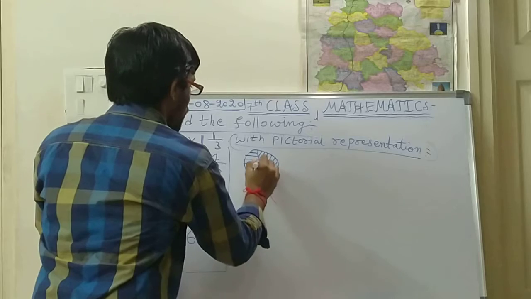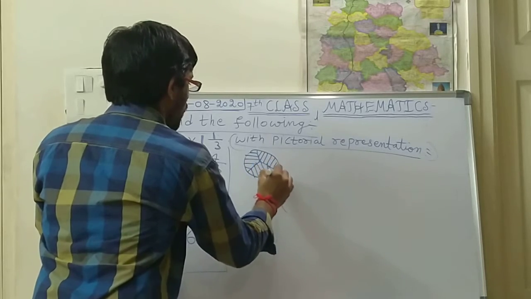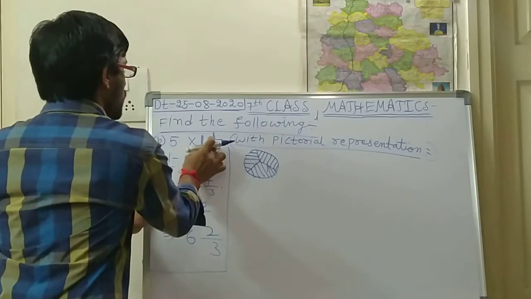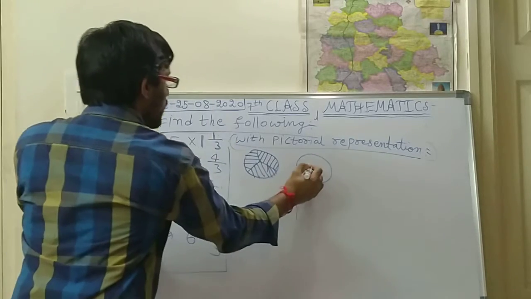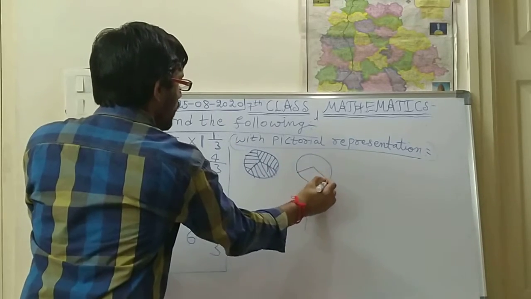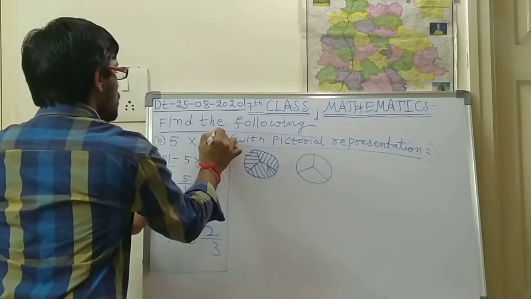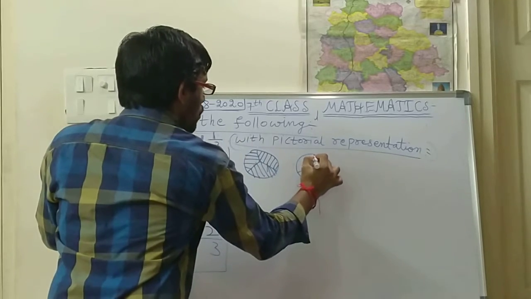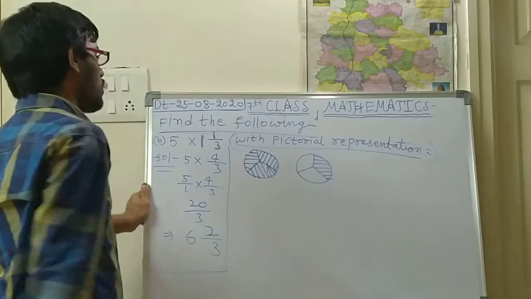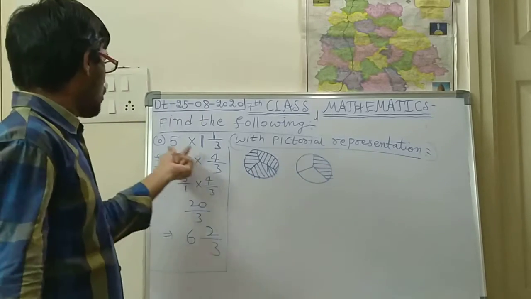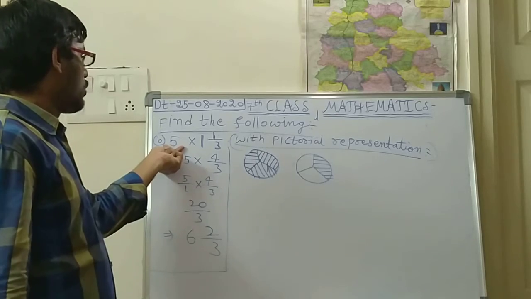Next, like this. One full circle. In the next circle also 3 parts, but how many shades should you do? One shade. Any one shade you do. So this is one part. Like this, how many should you draw? You should draw 5.